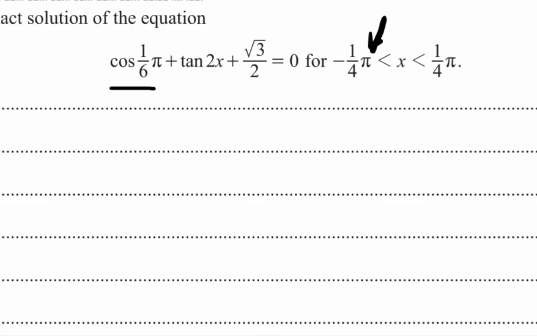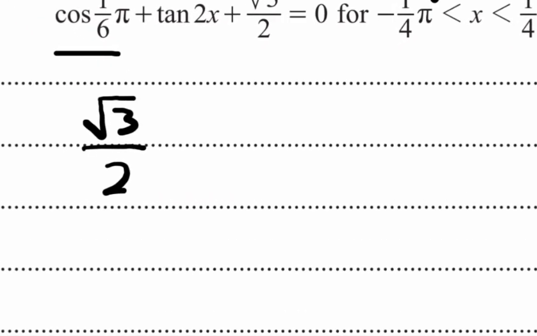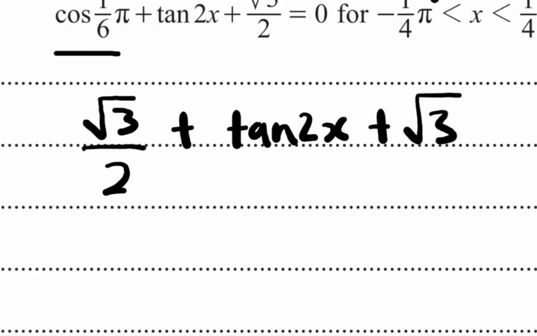So cos a sixth pi is giving us root 3 over 2, and we have tan 2x plus root 3 over 2, and this should give us 0.